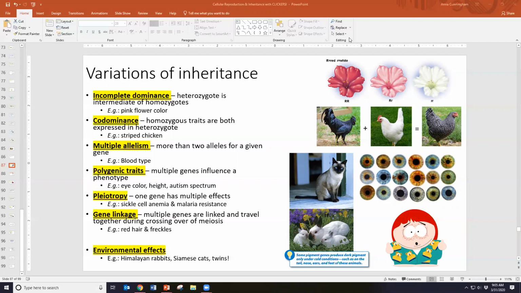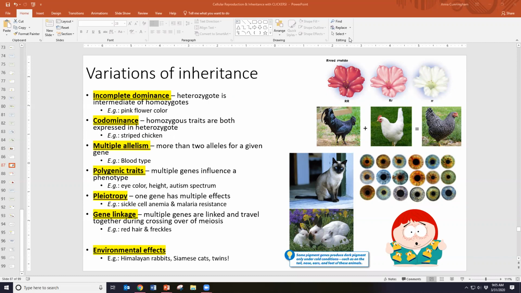Our example for this was sickle cell anemia, where the gene has influence not only on developing sickle cell anemia, but also on susceptibility to malaria. And then we briefly mentioned gene linkage, where multiple genes are linked and travel together during crossing over of meiosis.